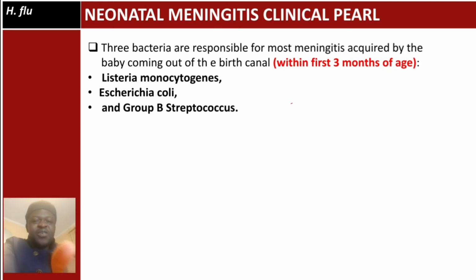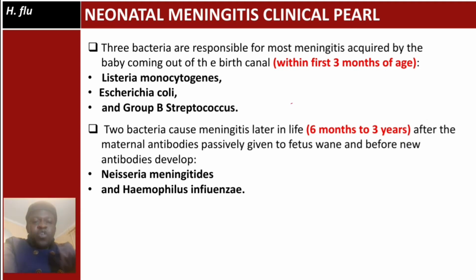These 3 bacteria are Listeria monocytogenes, E. coli, and group B Streptococcus, also known as Streptococcus agalactiae, right? So within the first 3 months, you need to look out for these 3 in neonatal meningitis.